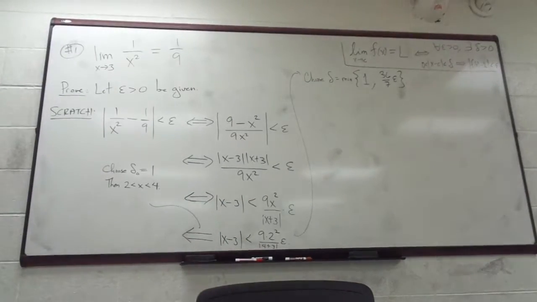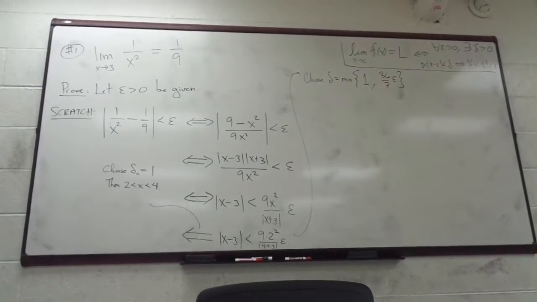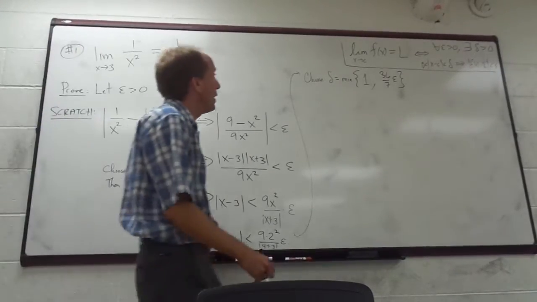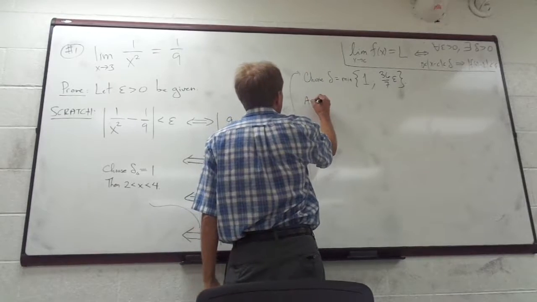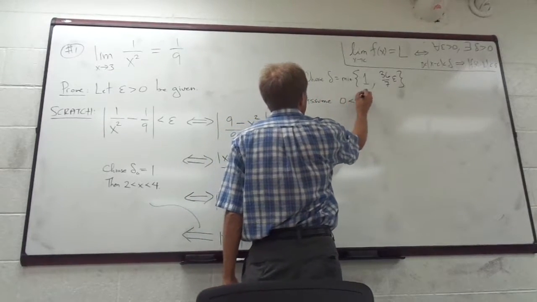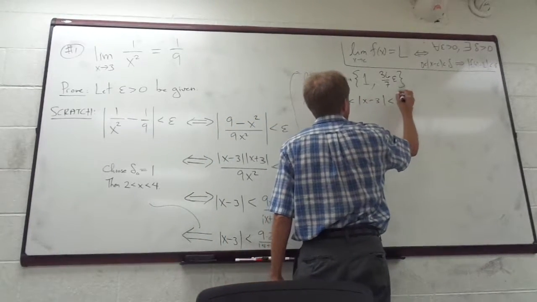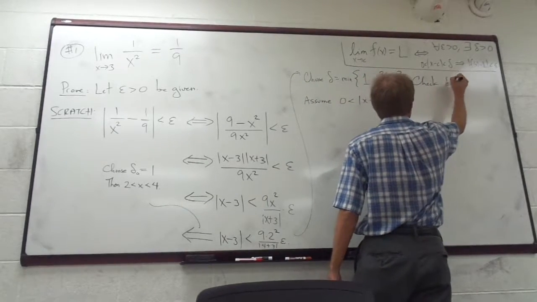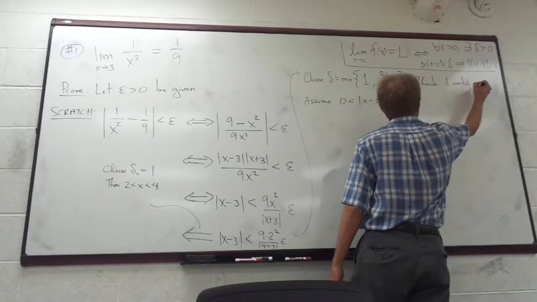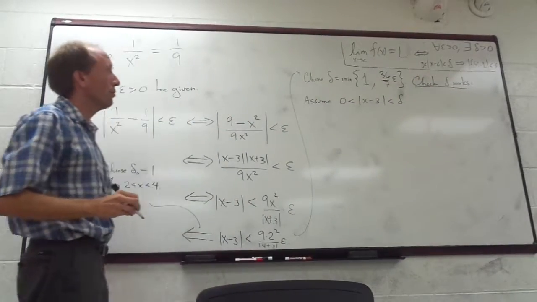Okay? That look all right? So now, I'm not going to write the whole proof forward out here, but if we assume that 0 is less than the absolute value of x minus 3, which is less than delta, I'm now checking that delta works right here. Now we actually have to run the proof forward.